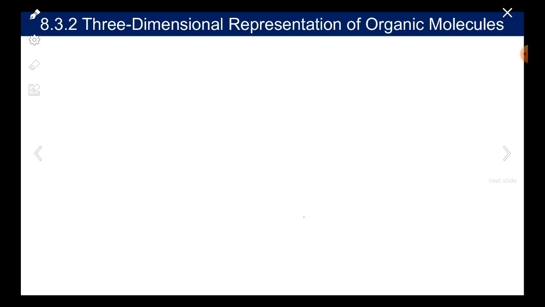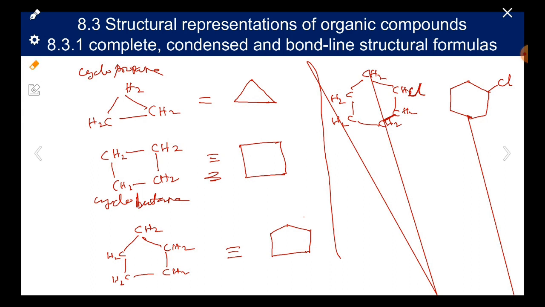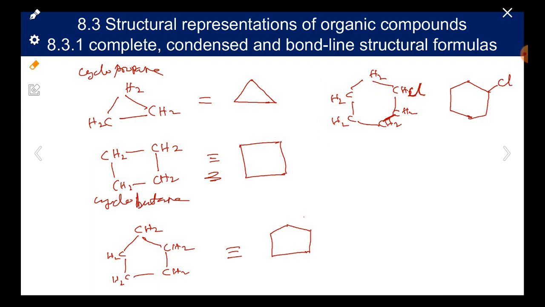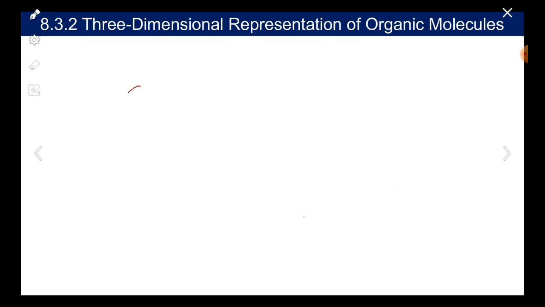Next, let's move on to three-dimensional representation of organic molecules. How are organic molecules represented in a three-dimensional way? First, there are certain things we have to understand. When we write chemicals like this, you may imagine that all the carbon and hydrogen atoms are on the same plane, I mean on your screen.